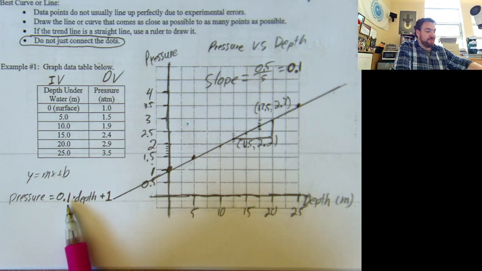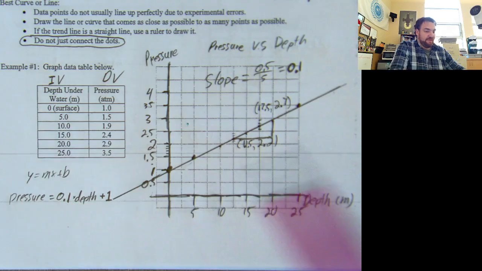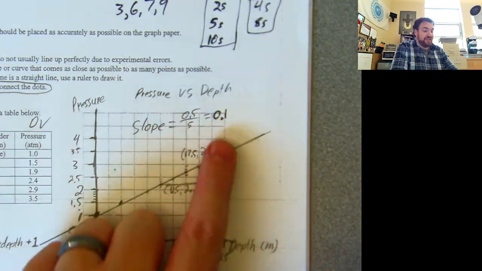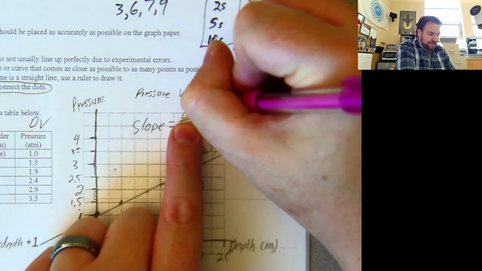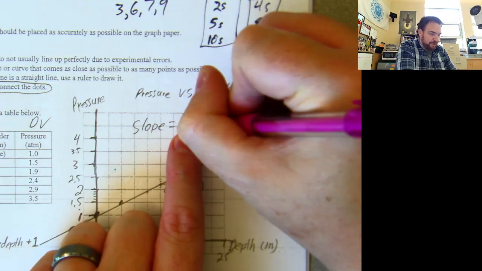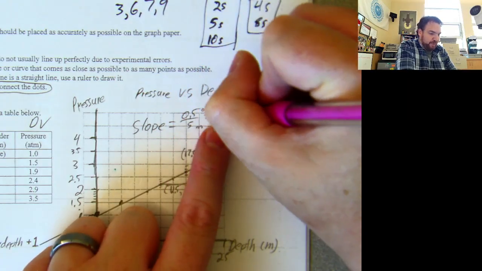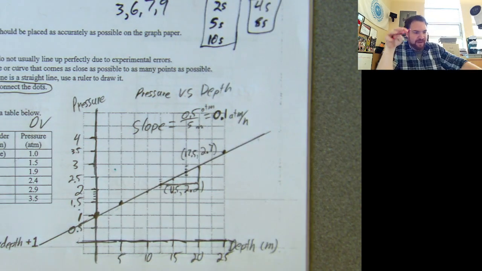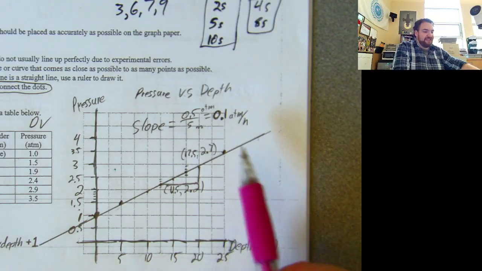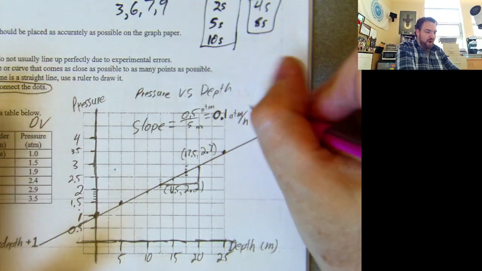If you look at, let's go back and look at the units on this slope. 0.5 was your rise, that's measured in atmospheres per meter. So this is 0.1 atmospheres per meter. Google says 1 atmosphere every 10, and this is 0.1 atmospheres every 1.